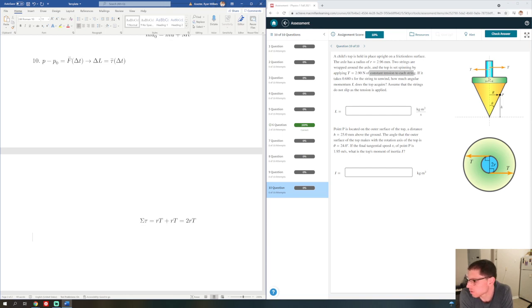Well, I mean, your torque should probably be small, right? Because the radius is given in millimeters, so I don't think that should be too alarming.